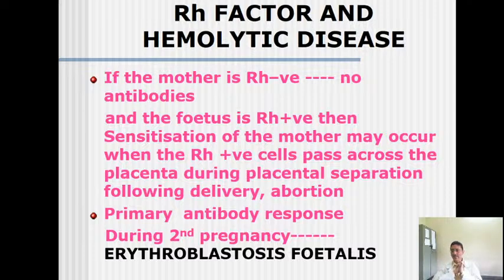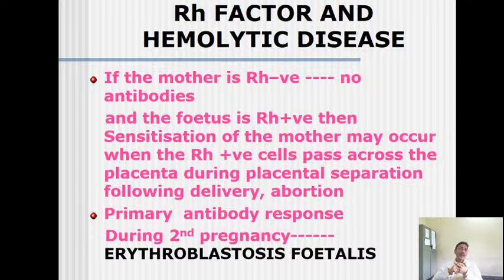Again I am repeating, for erythroblastosis foetalis to happen there should be two ideal conditions: the mother should have an Rh negative group, the father an Rh positive group, and the fetus should be Rh positive.